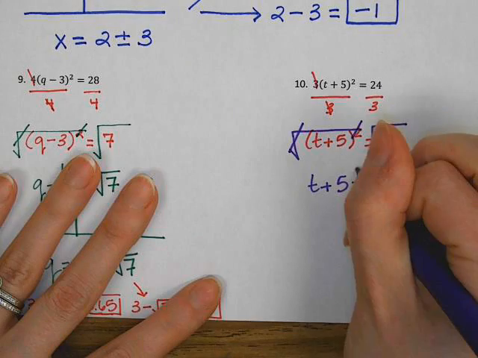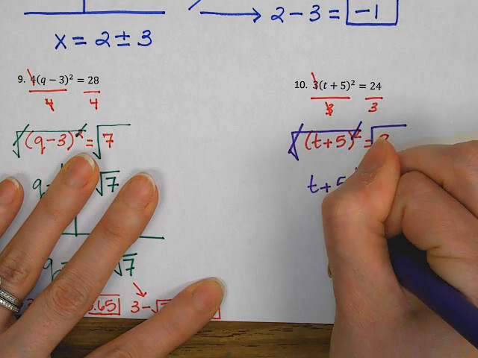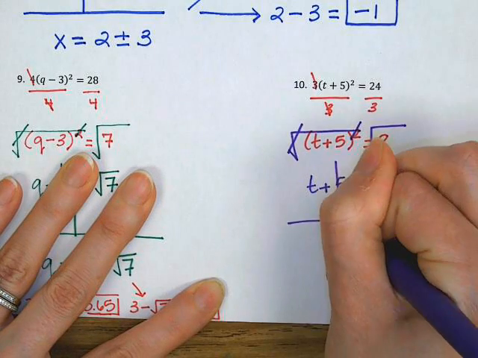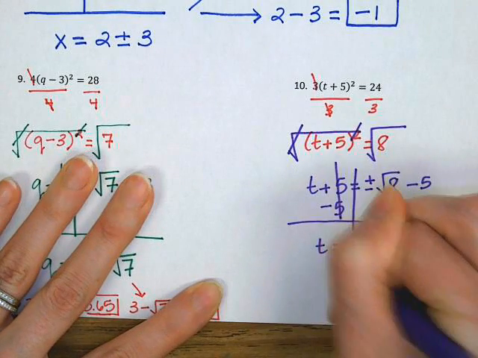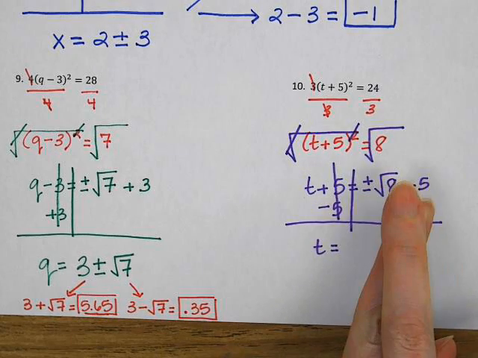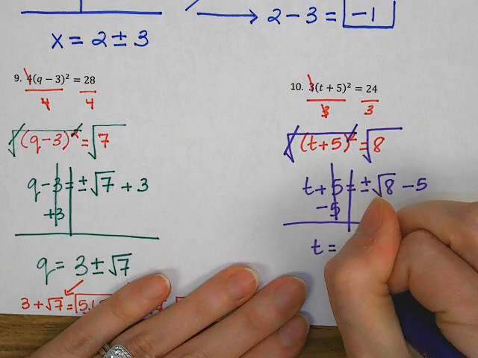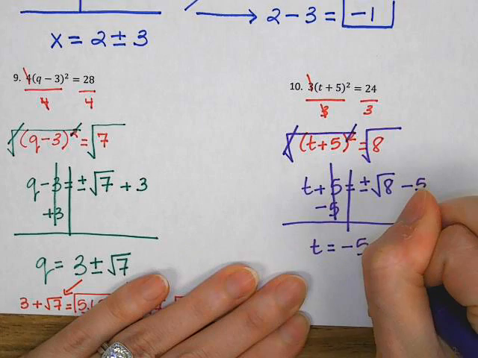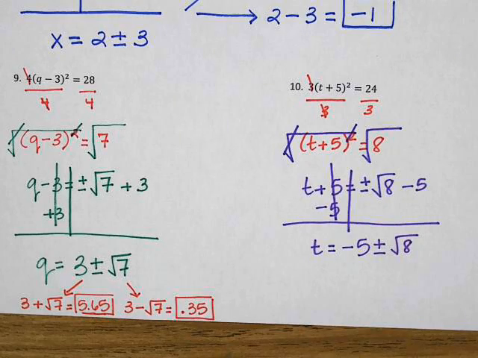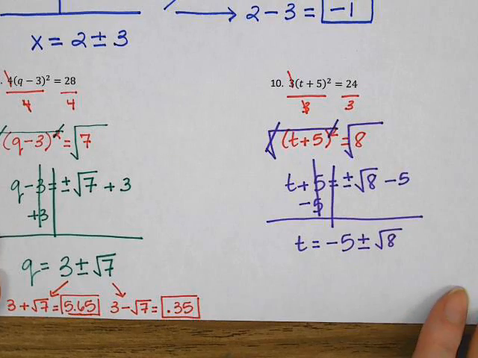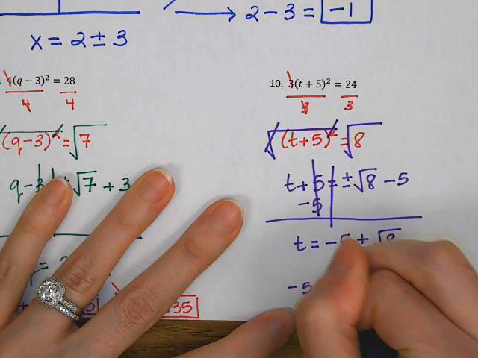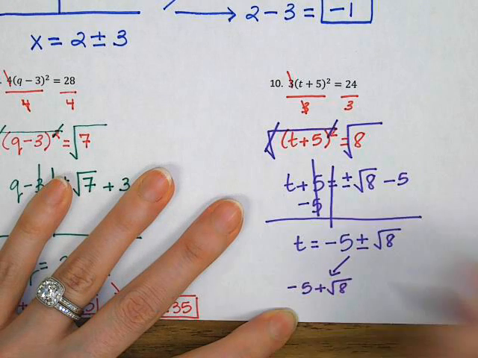Okay, to get t officially alone, we do have to subtract the 5 over. And let's see what we have. Again, I'm going to switch the order. You don't have to. When I switch the order, it's going to be negative 5 plus or minus root 8. And that's what I'm going to type in the calculator twice. The first version is going to be negative 5 plus root 8.